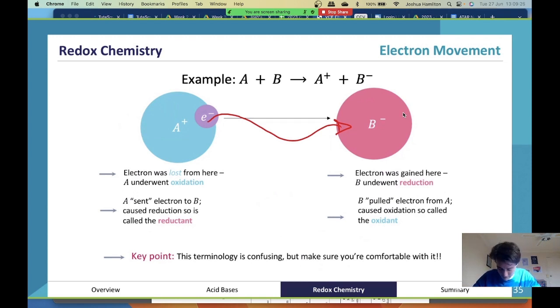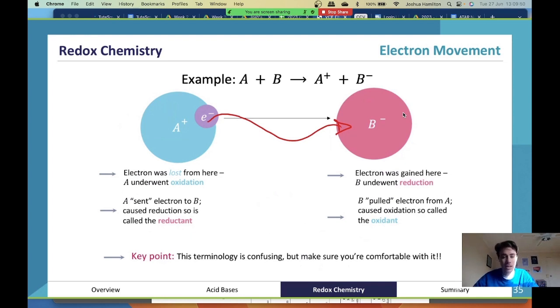Now, this is where the terminology gets really confusing, and it's going to take a few times to get your head around this, so don't expect to get your head around it straight away. Since A sent an electron to B and underwent oxidation itself, we call it the reductant, because it caused B to go through reduction. By sending that electron, it caused B to undergo reduction.